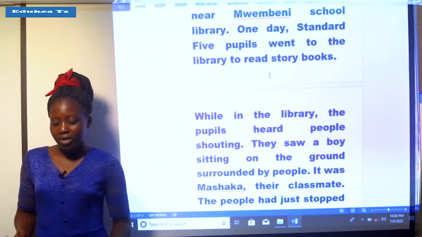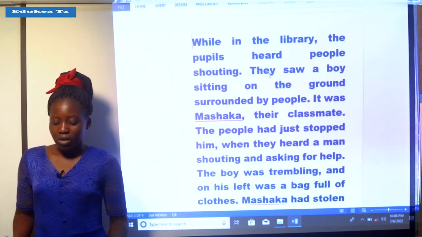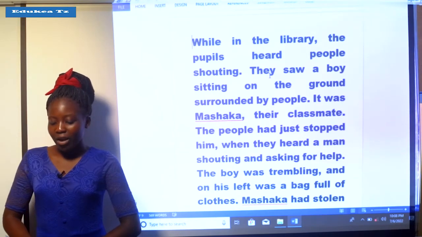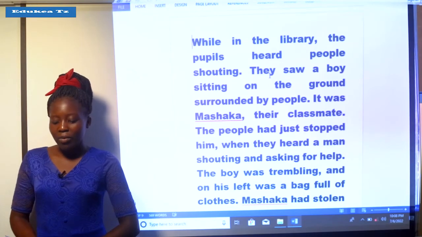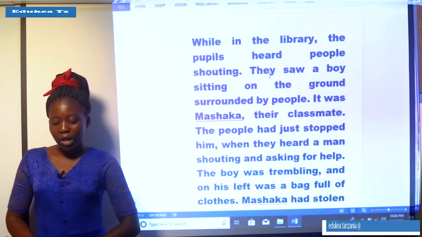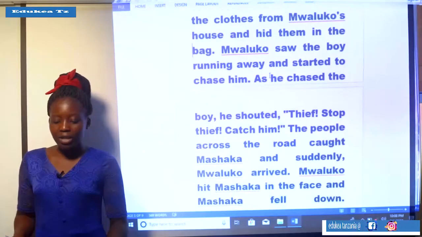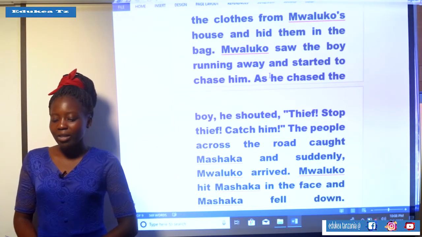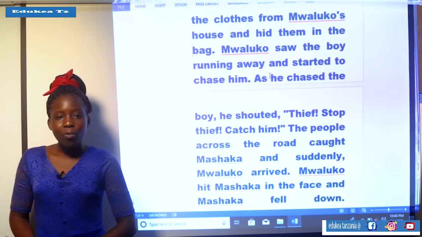The people had just stopped him when they heard a man shouting and asking for help. The boy was trembling, and on his left was a bag full of clothes. Mashaka had stolen the clothes from Mwaluko's house and had them in the bag.